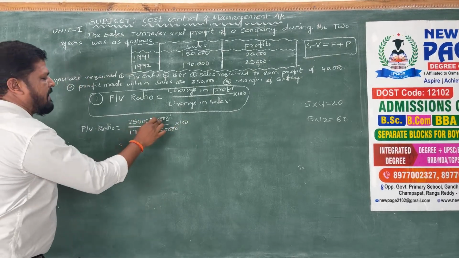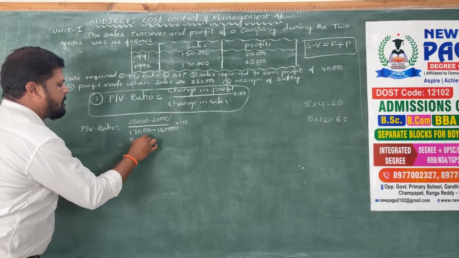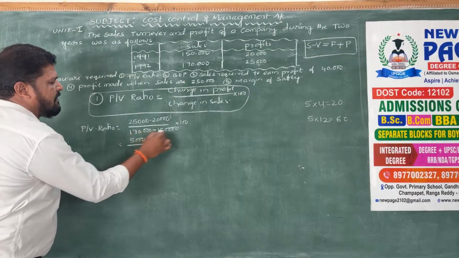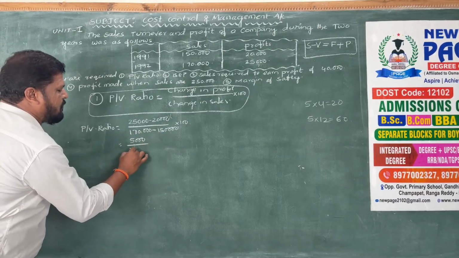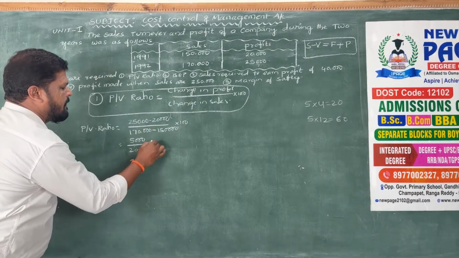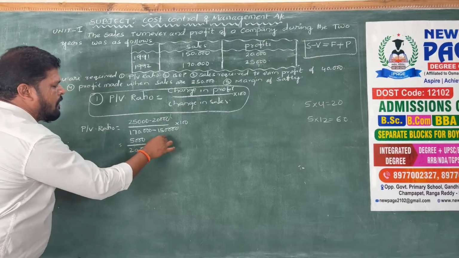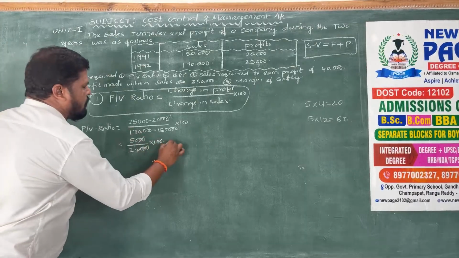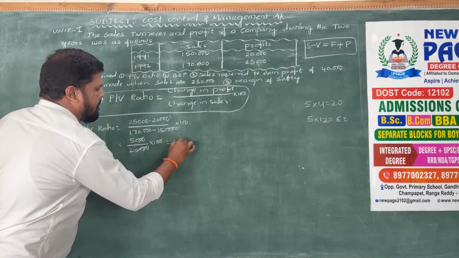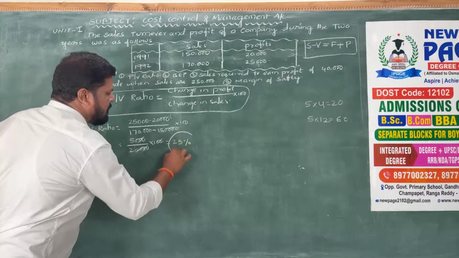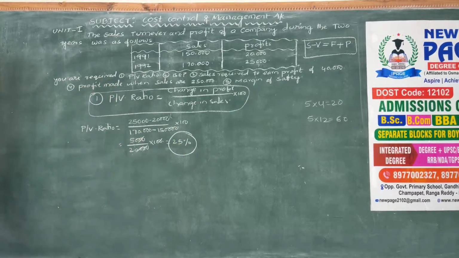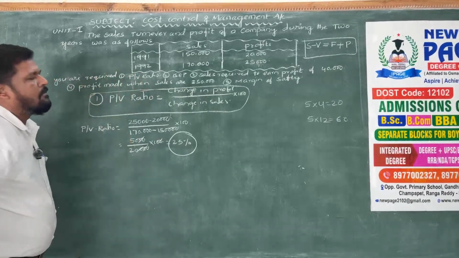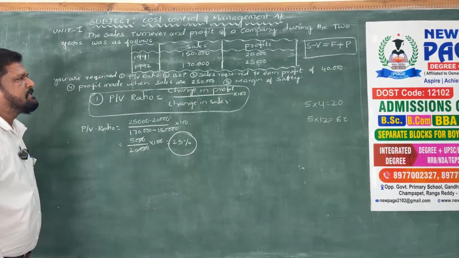That is 5,000 divided by 20,000 into 100. 20 cancels, 20 cancels, and 25 into 2 is 50. So PV ratio is equal to 25%. The first one is complete.